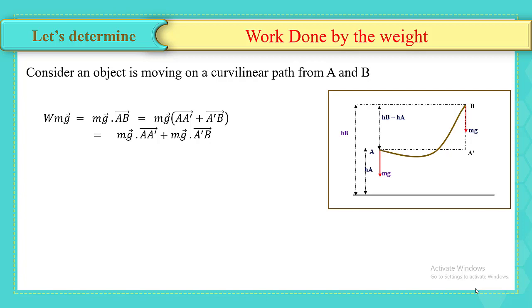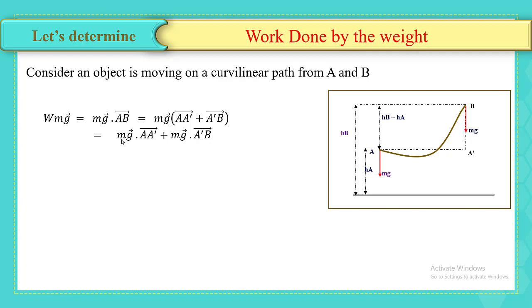But we can say that AB vector is equal to AA' plus A'B. So we multiply the weight by each term, we get mg vector times AA' plus mg vector times A'B. But AA' is perpendicular to mg, so this term is equal to 0.